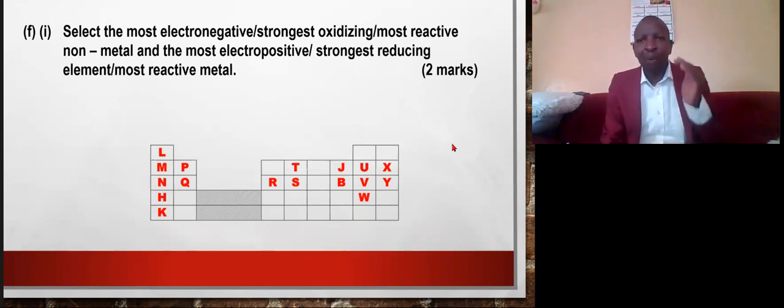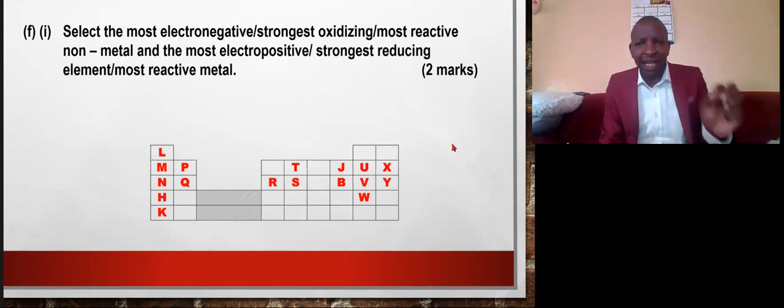I think you're capturing that point clearly: the strongest reducing agent is always the most reactive metal. It is the metal with the largest atomic radius.